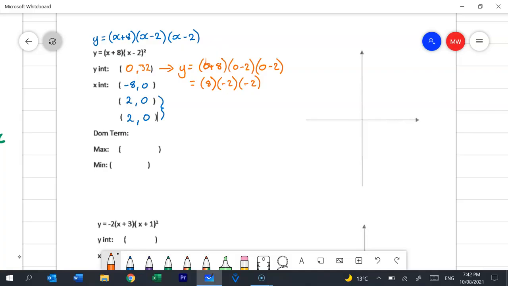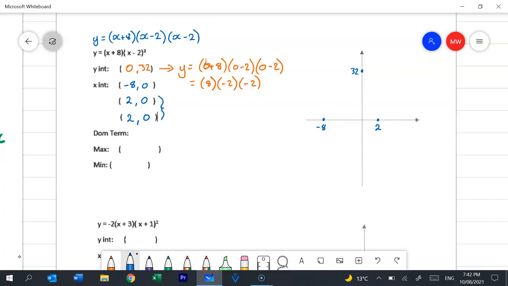And we'll go over here and we'll mark them on our graph. So we know we're going to intercept at 32. We're going to intercept the x-axis at minus 8. And we're going to intercept the x-axis at 2.